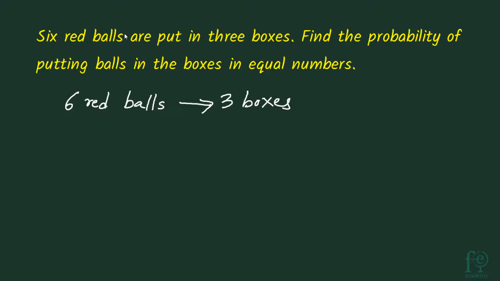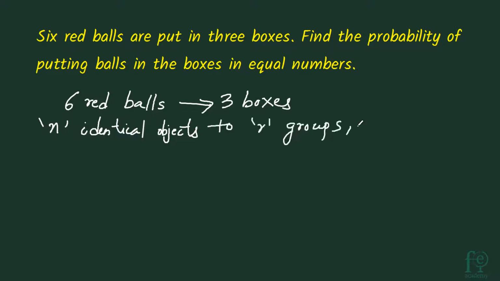It will be given in the end screen. So the formula is: n identical objects are to be divided into R groups. The total number of ways will be given as n plus R minus 1 C R minus 1. So this is the total number of ways in which n identical objects can be divided into R groups.